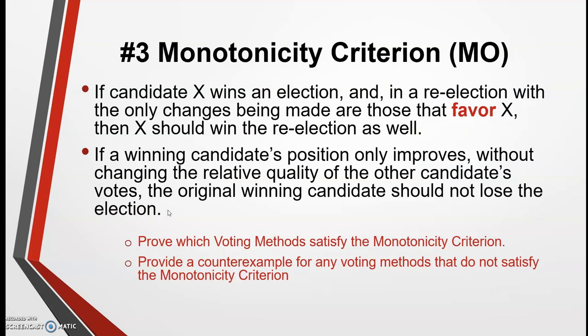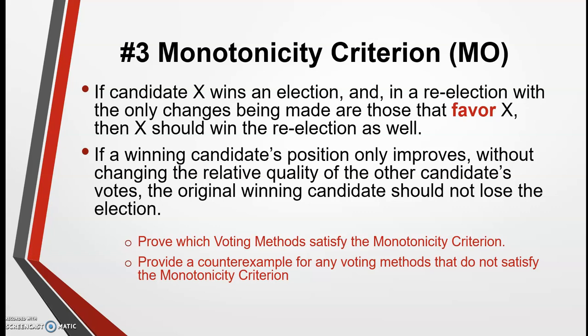The third criterion that we'll talk about is the monotonicity criterion. The monotonicity criterion says basically this: if you have an election and you have to have a recount for some reason, so you're doing a re-election, and in that re-election, all of the voters who make changes make changes that favor the original winner.